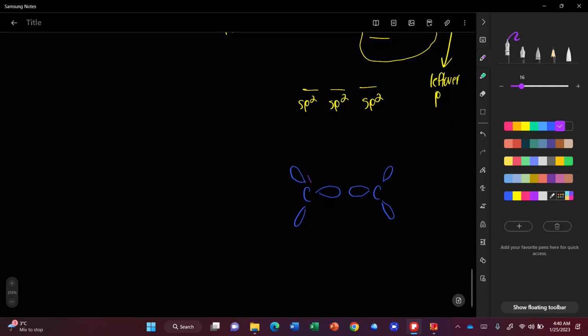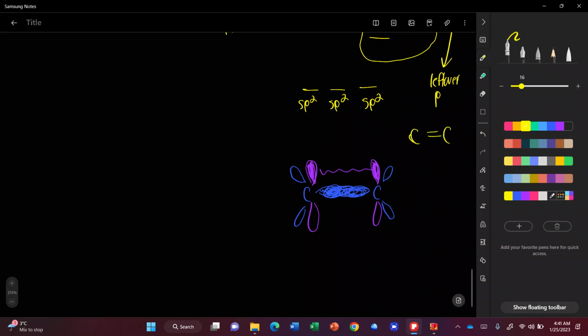The leftover p orbitals can form a pi bond, just like the sp2 orbitals can form a sigma bond. So that's why in a molecule of ethylene, there is a double bond between the two carbons.